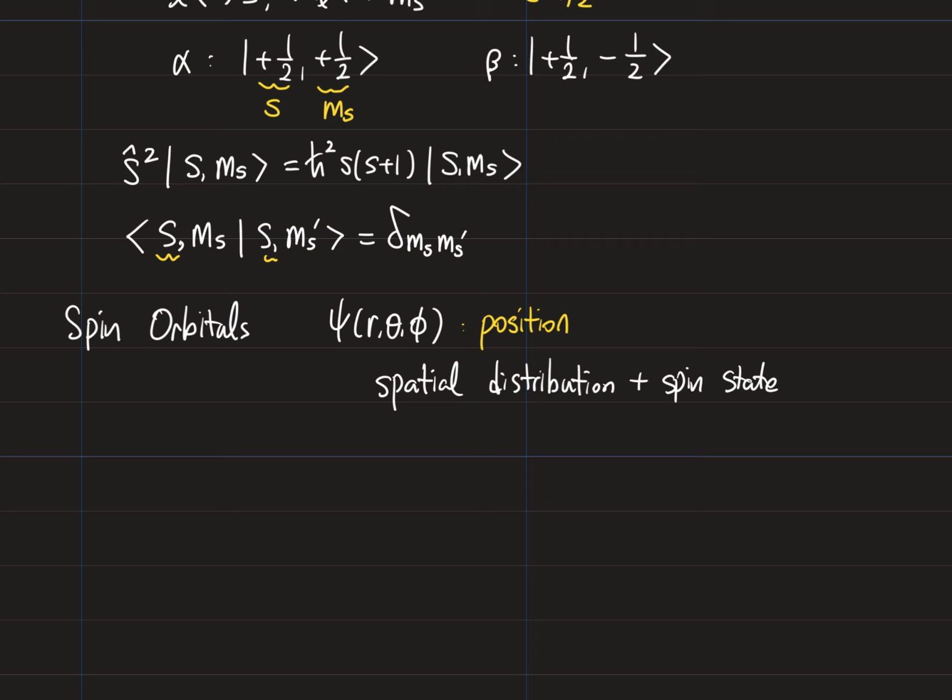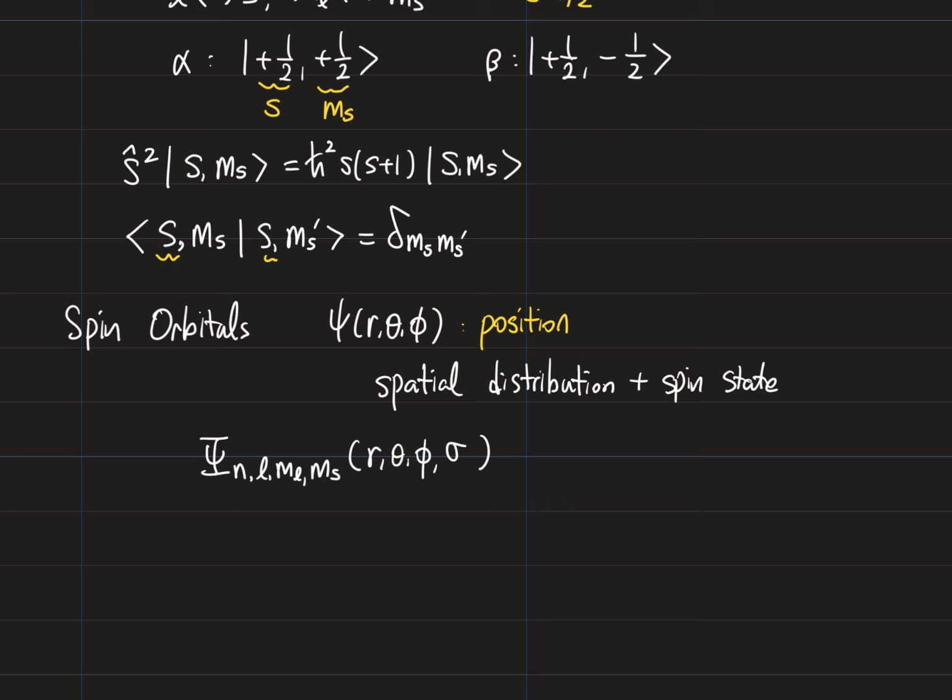So we construct this by simply multiplying the spatial part by the spin part, as we can see in the equation below. So capital psi with quantum numbers n, l, m sub L, m sub S, and we need four independent variables r, theta, phi, and m sub S. Oh, sorry.